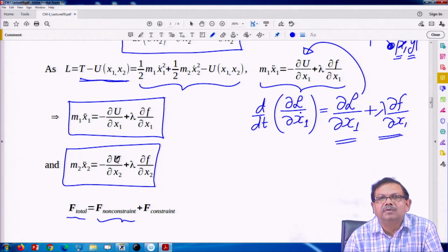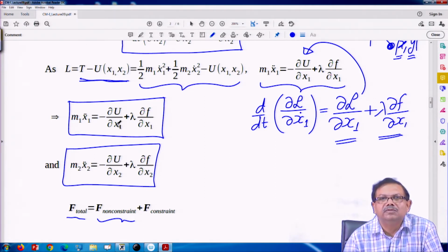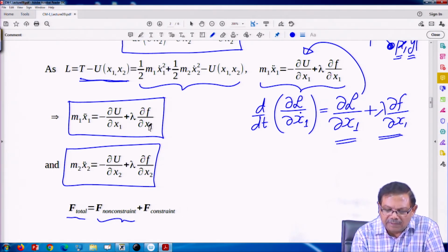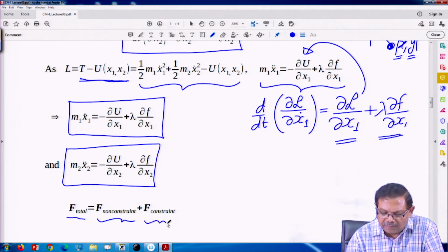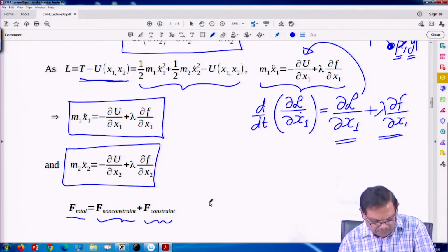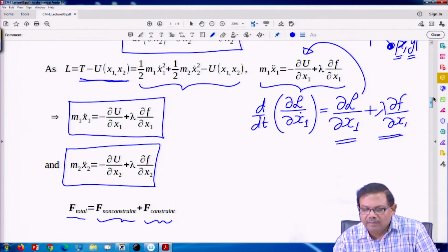This may be derivable from a scalar function which we call potential energy. So, this is the non constraint force and the other one is the constraint force. Now, we will look at some examples and see how we handle this kind of system.